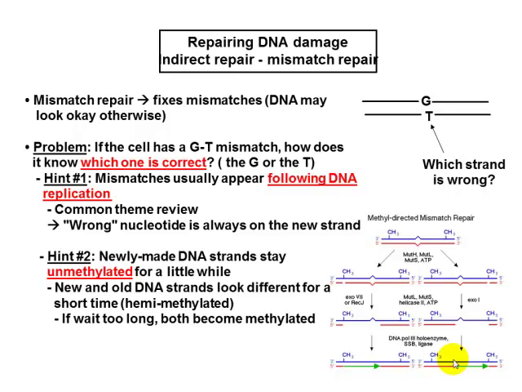So for this indirect mismatch repair, what is it going to do? First, it's going to see that one of these strands, usually the one that is just made, the newly synthesized strand, is the one that has the problem. So here, the indirect repair is very biased.